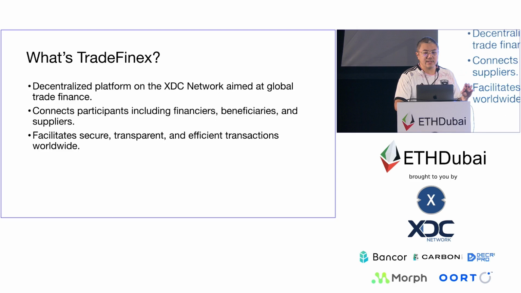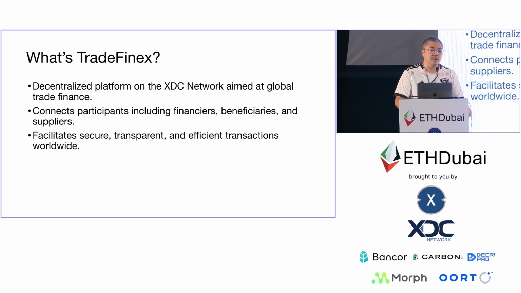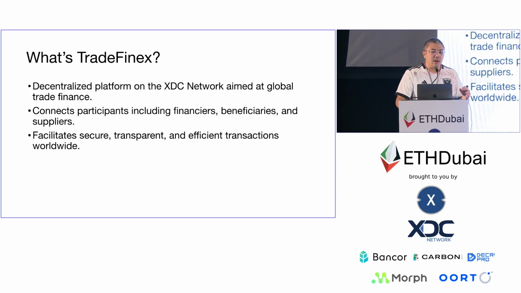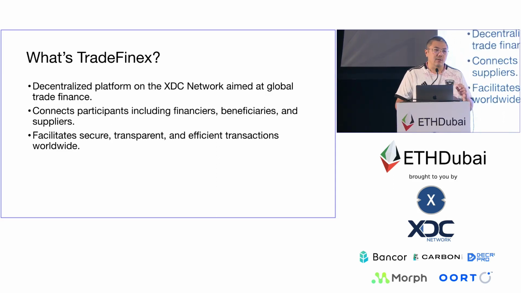Trade Phoenix is a DApp under the XDC network itself. XDC is a layer 1 blockchain, which is EVM compatible and enterprise grade. Trade Phoenix is a DApp within XDC. What it does is it focuses on the trade finance space, focusing on RWA.